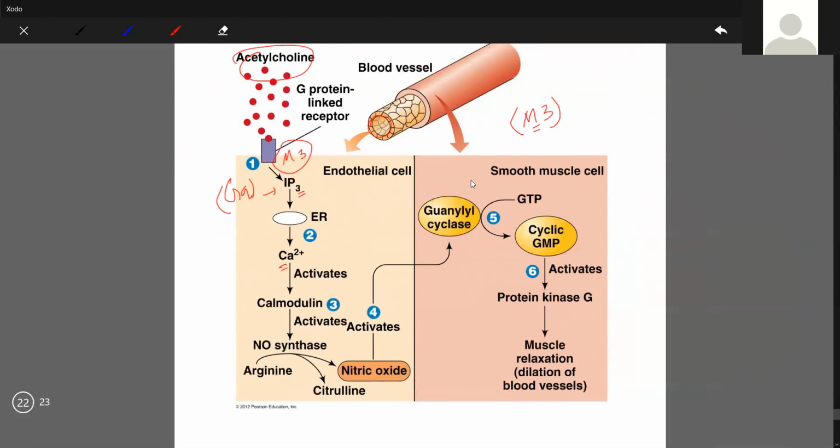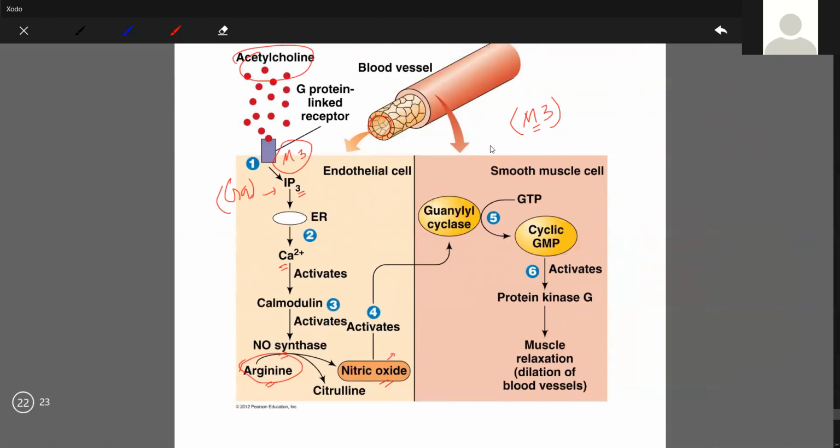Now, this calcium, we know that calcium is an enzyme activator. Whenever calcium is there, it activates the enzyme. Now, this calcium activates the nitric oxide synthase, and then this nitric oxide synthase will stimulate the production of nitric oxide from arginine.